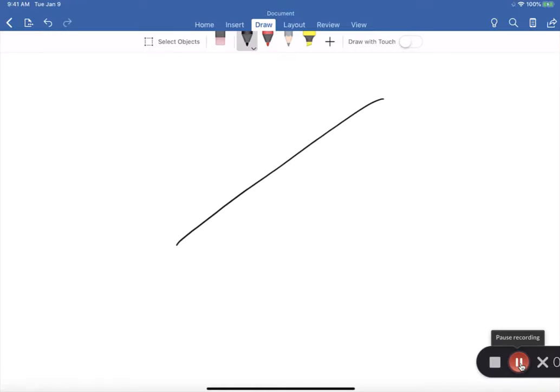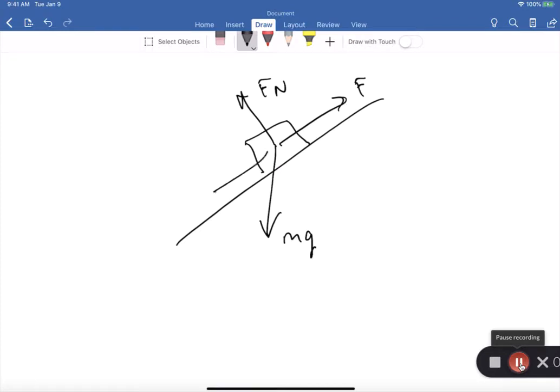Suppose you've got a ramp and you have an object sitting on the ramp. If you were asked to draw the forces on that object, you would draw them like this. Weight of the object acting down like this, maybe a normal force like that, an external force, the force of friction if the object is moving up the ramp. So this is how you've always drawn force diagrams.